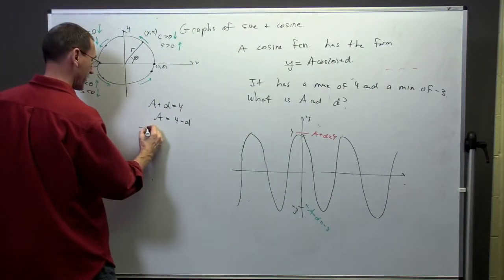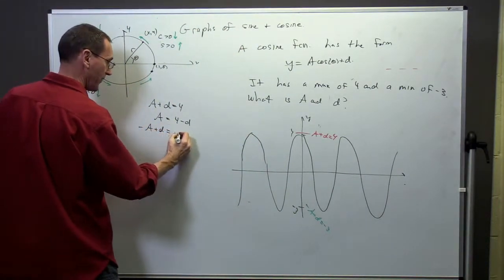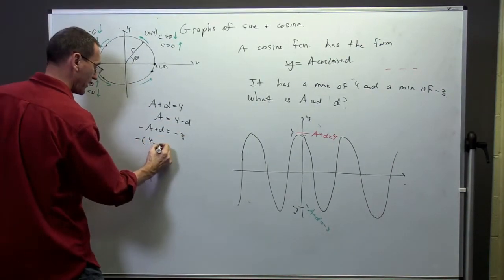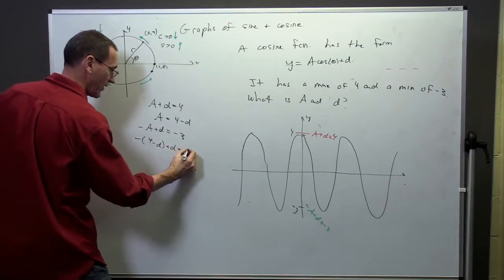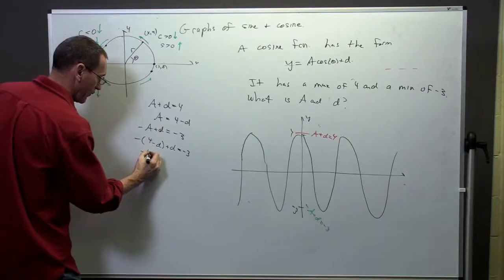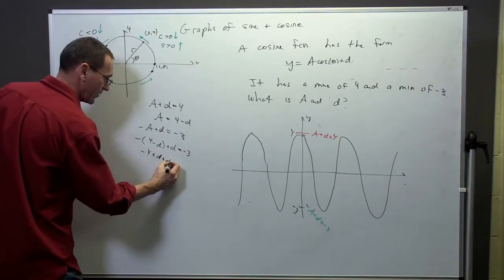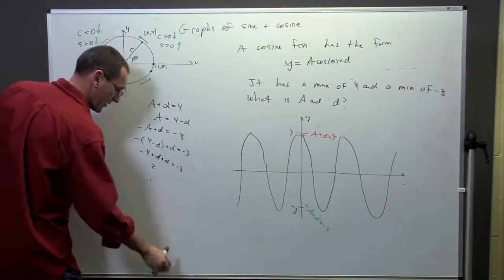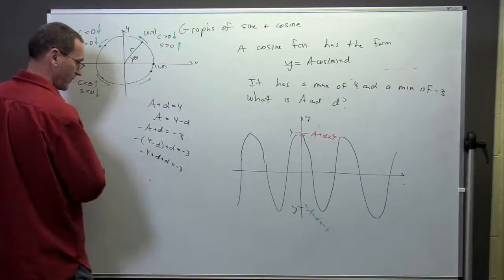So my next equation is minus A plus D is minus 3. I know that A is 4 minus D. I've got to be very careful about the signs. If I distribute the minus sign, I get minus 4 plus D is minus 3. I'm going to add 4 to both sides. I do this in 2 steps.